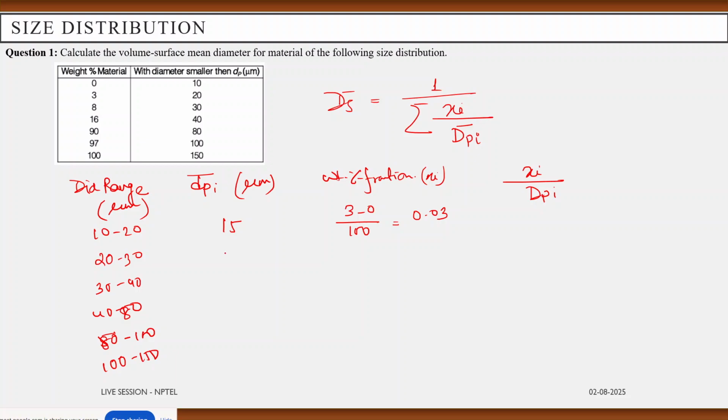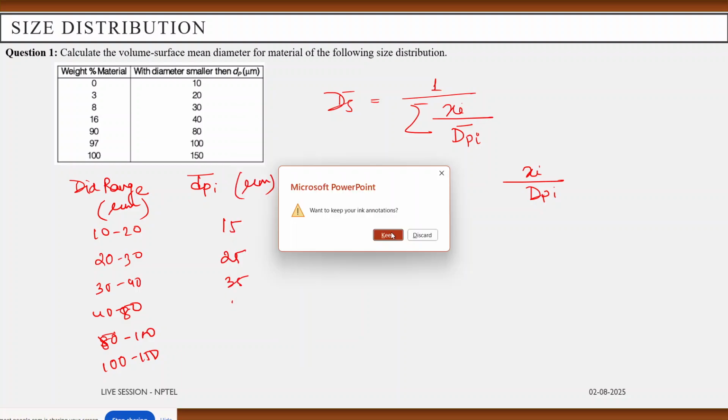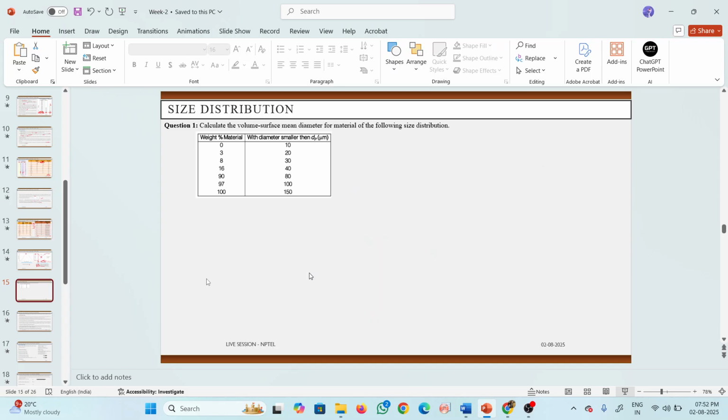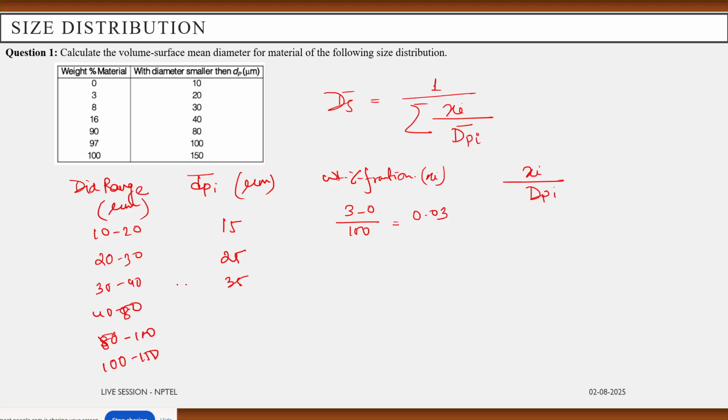These are the data, and you can calculate the mean: 25, 35, 60. This one is 60, this one is 90, and this one is 125.